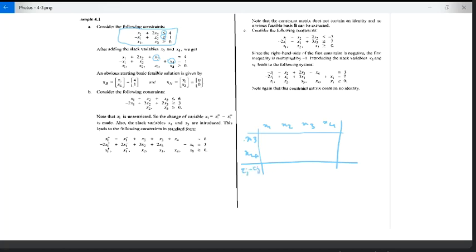Zj minus cj, right hand side. x1: 1, -1, 2, 1, 1, 0, 0, 1, 4, and 1. x3 and x4 are basic variables, and I is the basic matrix.